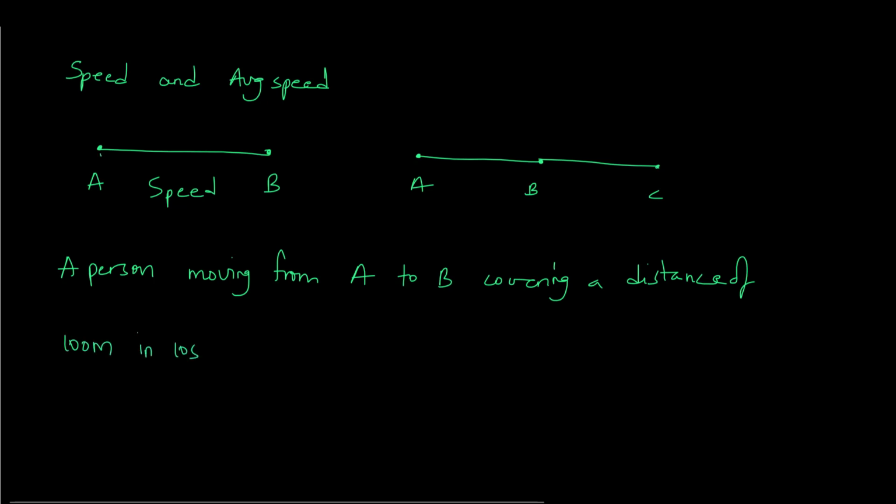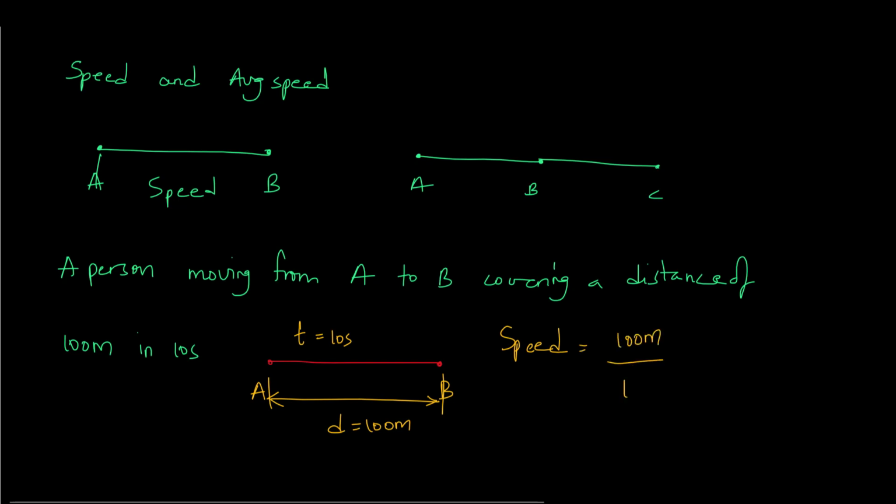So here is position A and this is our position B. From A to B, the distance is D equal to 100 meter, and the time period T is given as 10 seconds. We know speed is equal to distance upon time. So distance is 100 meter upon time 10 seconds. So your answer is 10 meter S power minus 1.